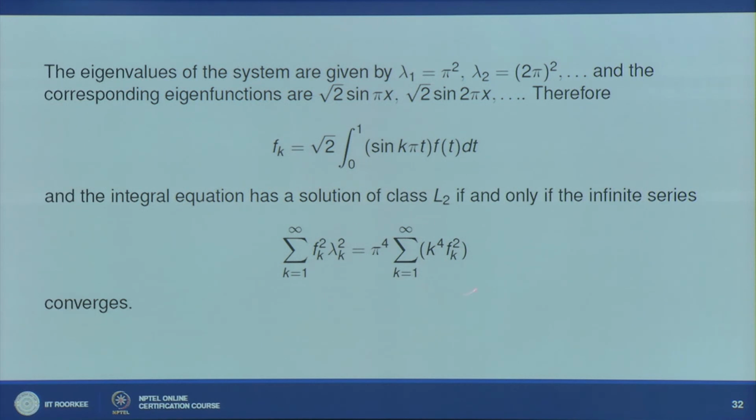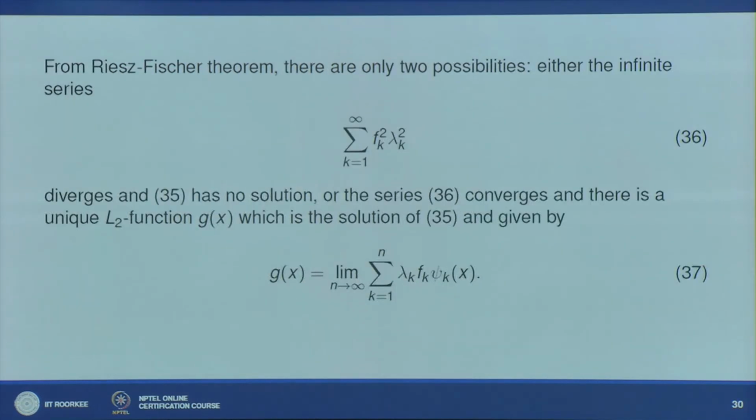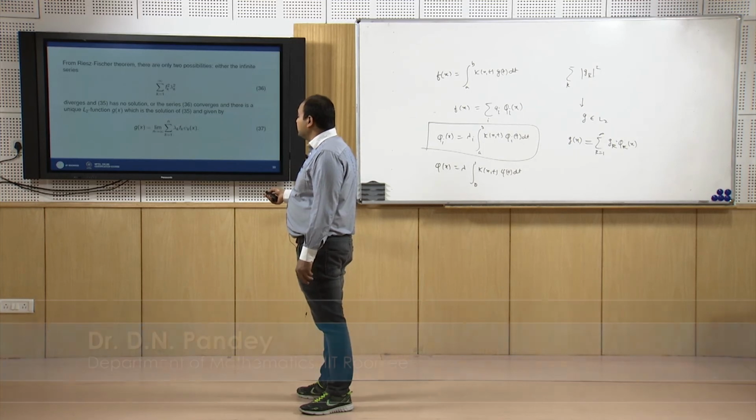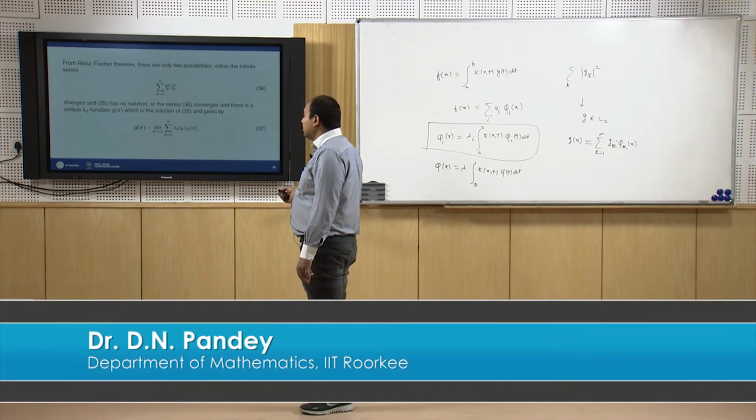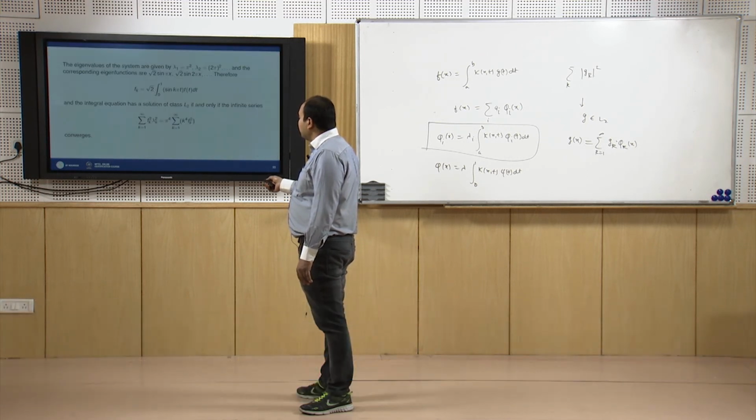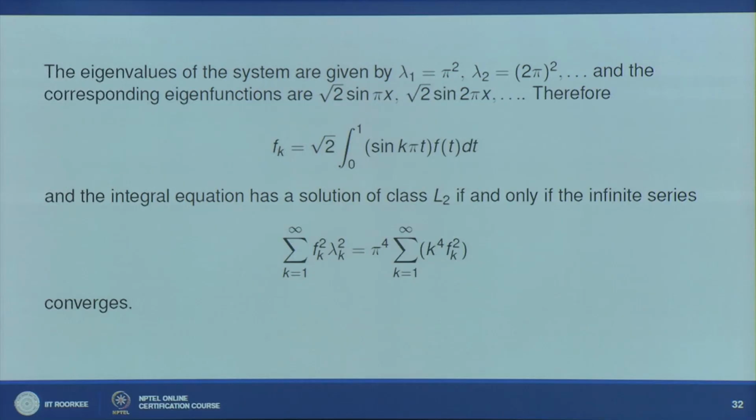Now if this series converges, then you can write your g as this limit. So we need to find f_k such that this series is convergent. Once this series converges, you can find your solution g.